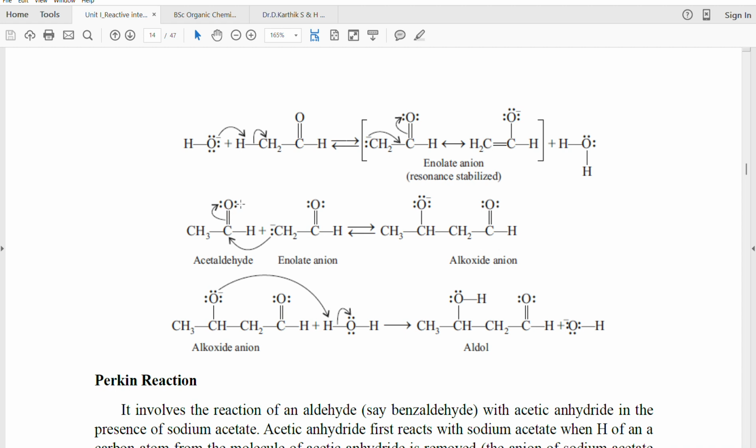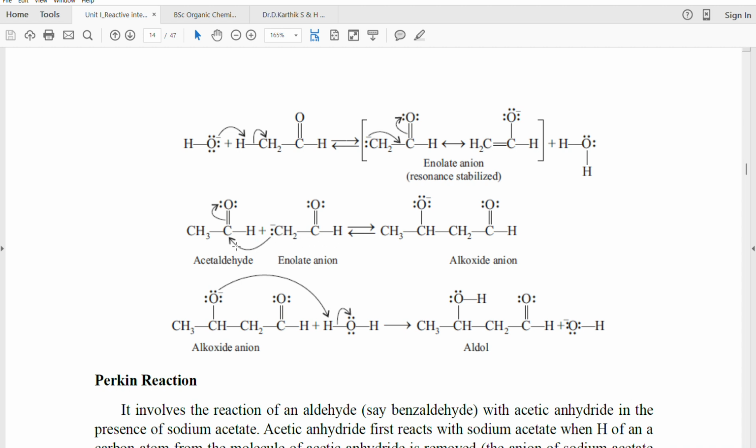So there will always be a partial negative charge on the oxygen and a partial positive charge on the carbon, right? So there will be a small positive charge on the carbon. That means this C minus, the carbanion, will go and attack this carbon of the carbonyl compound where there is a partial positive charge, right?